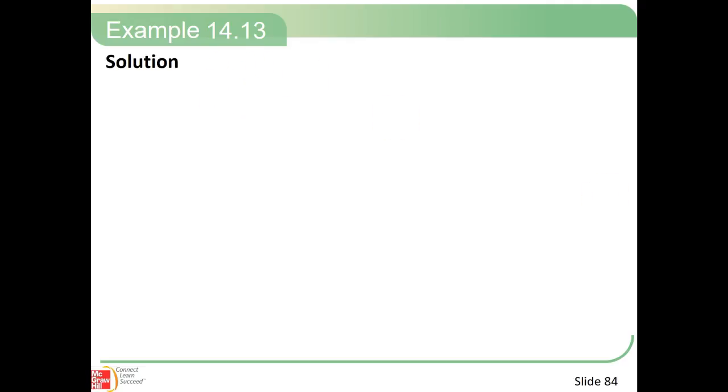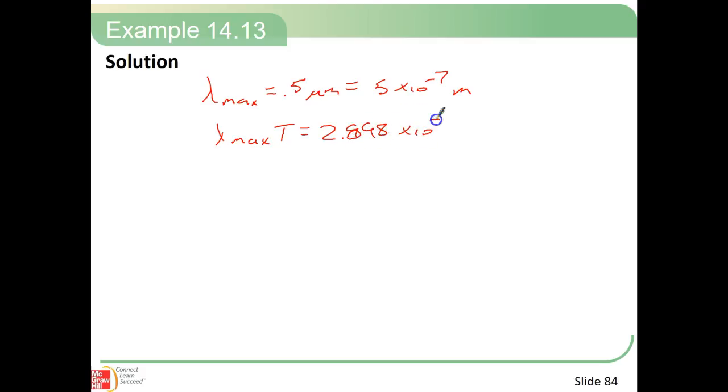I know that my lambda max here is equal to 0.5 micrometers. That's equal to 5 times 10 to the negative 7th meters, because it's 0.5 micrometers, I have an additional place that I have to move it. So here I'm going to say lambda max times T is equal to 2.898 times 10 to the negative third meters times Kelvin.